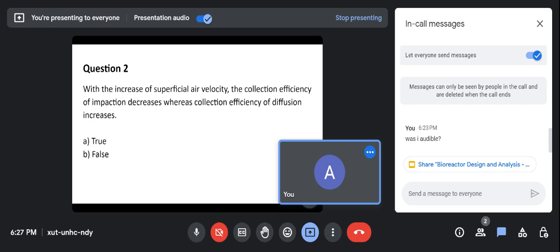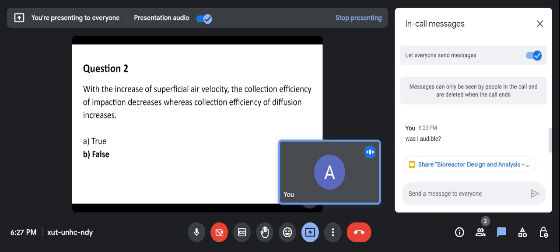Alright. Then the answer to this question is false. So it is not true that when you increase the superficial air velocity when you're charging a bioreactor, the collection efficiency of impaction decreases, whereas the collection efficiency of diffusion increases.